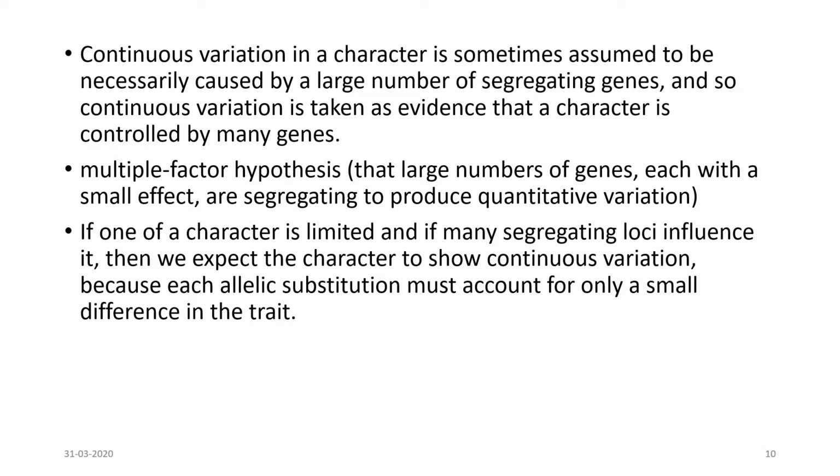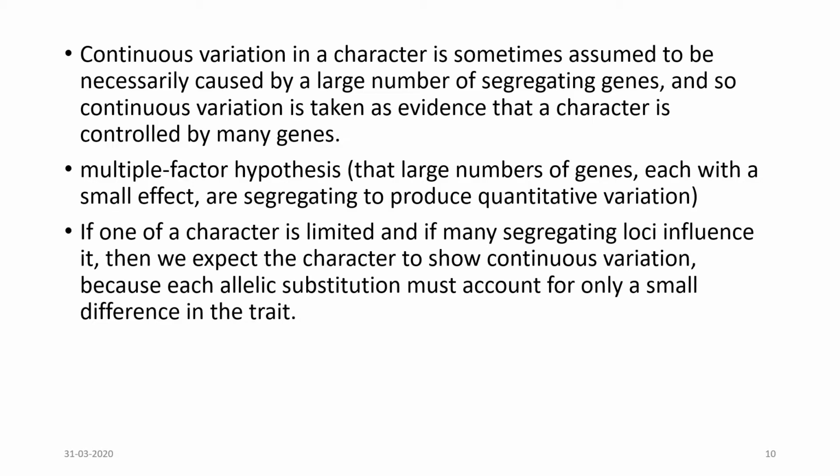So continuous variation in a character is sometimes assumed to be necessarily caused by a large number of segregating genes, and continuous variation is taken as evidence that a character is controlled by many genes.